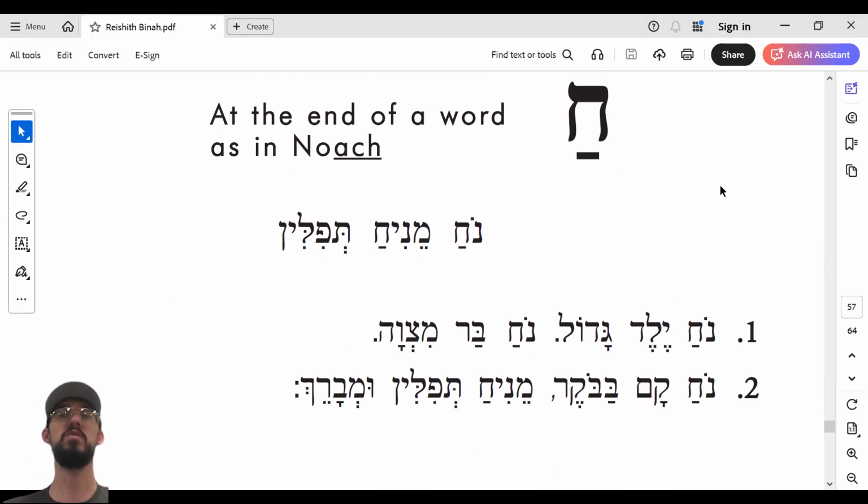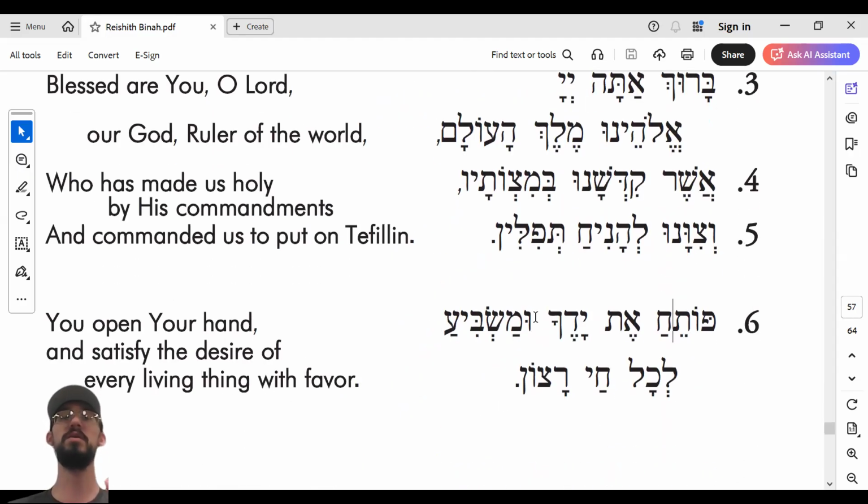This rule applies to chet at the end of the word. It does not apply to kaf sofit. Although they sound identical in terms of the sound you make with your mouth, as far as the grammar goes, once you encounter it, it's just ha. So beautifully read, poteach et yadecha.